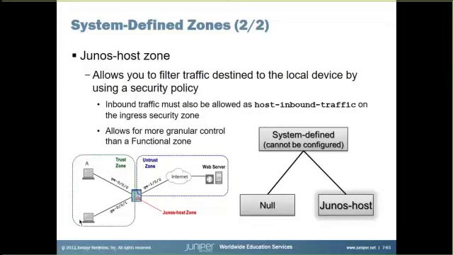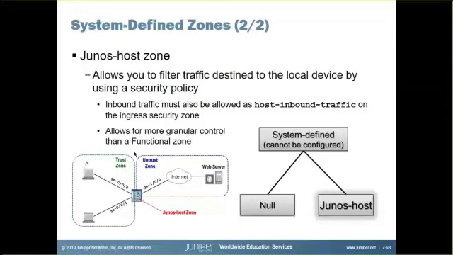Well, maybe I want to be more specific. Maybe I only want host A to be able to SSH into my box. Well, host-inbound-traffic is not going to help me. I would need to write a policy from zone trust to Junos-Host zone. And in that policy, I can say only the source address can SSH into my box. So it gives you more control over who has access to your box.